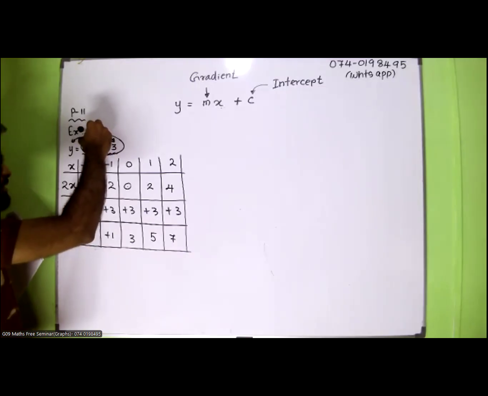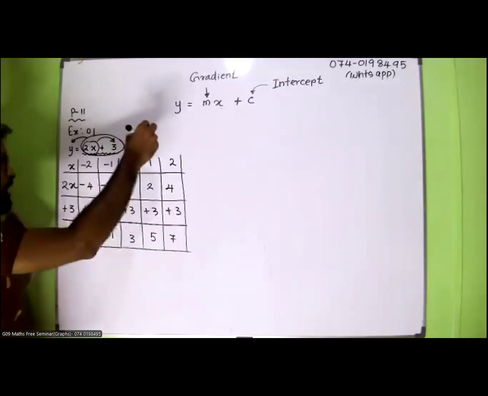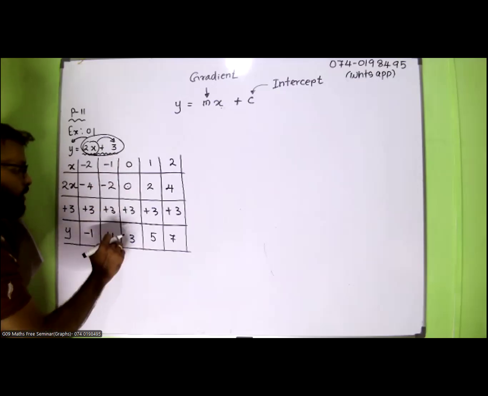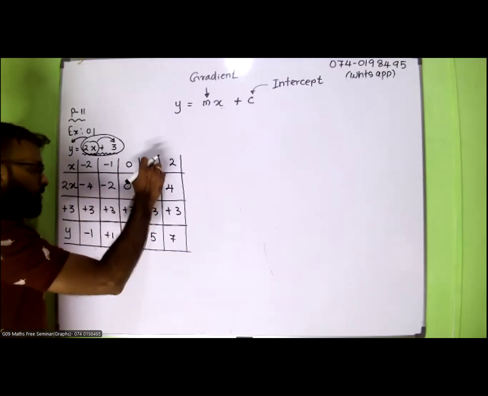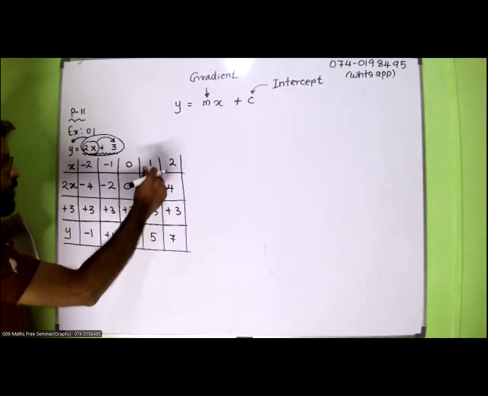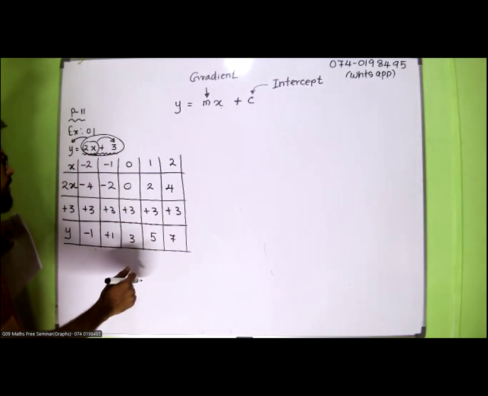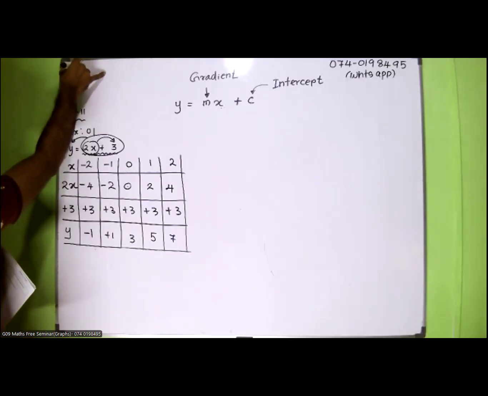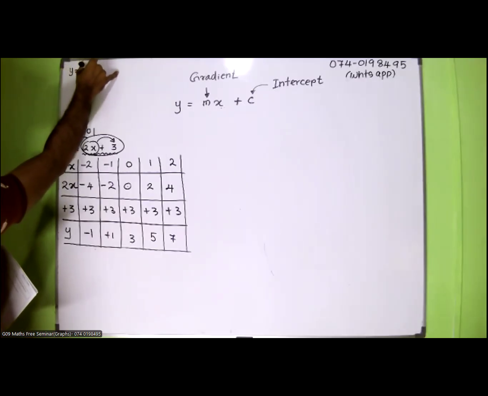So now, for drawing this function on a Cartesian plane, I will be needing minus 2, minus 1; minus 1, 1; 0, 3; 1, 5; 2, 7. These are the ordered pairs of values that I need to draw. So I will write it somewhere around here: y equals 2x plus 3.